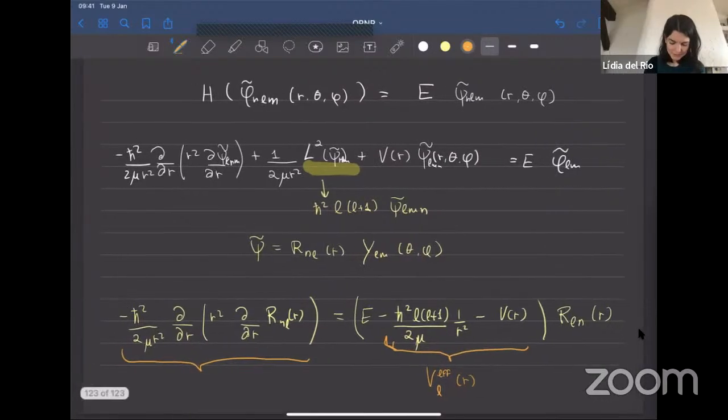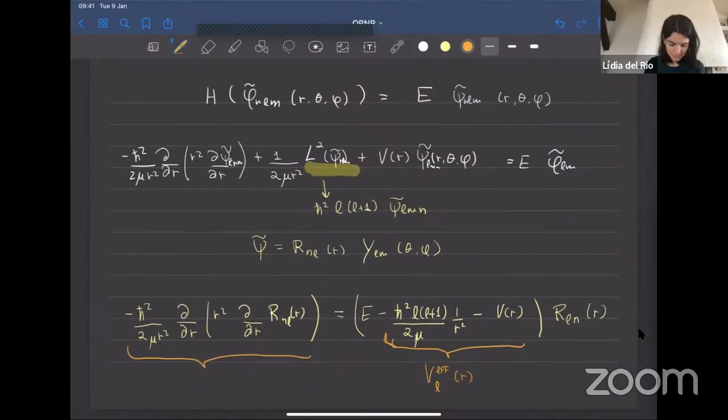We're going to define a new function, which is just the radius multiplied by this, which we'll see will simplify this part on the left a lot. Why is that?